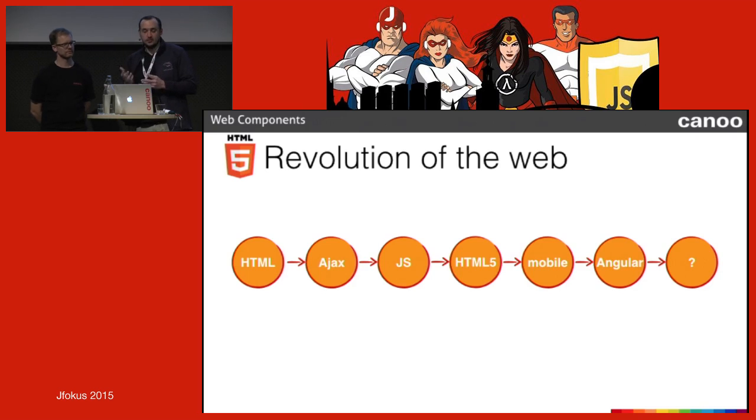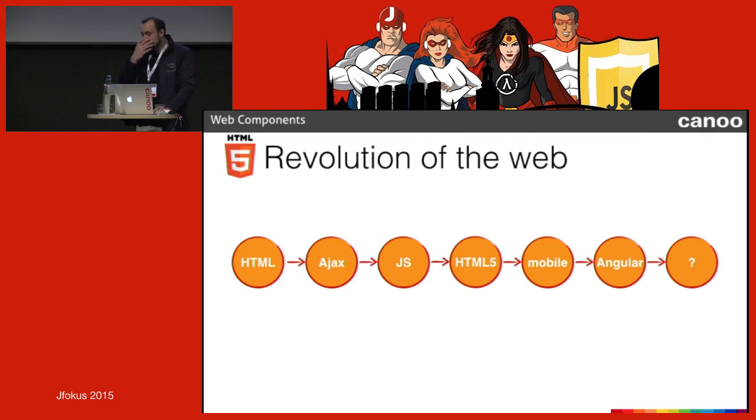Then with the iPhone and Android, mobile was an important topic with responsive design and all this stuff. And today we use AngularJS to create web applications. So there are a lot of new technologies and a lot of new steps in web development. And we think what we want to show today for web components is the next step in this line. So maybe it's the next revolution of the web, or the next revolution of web development.